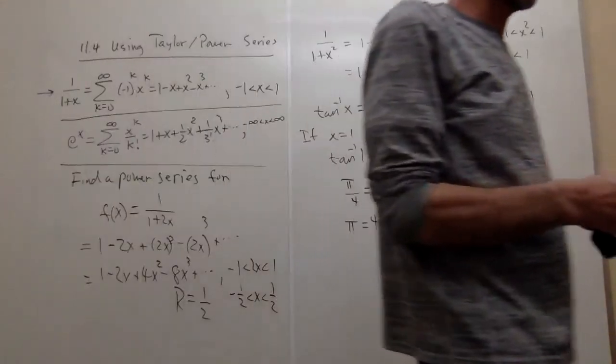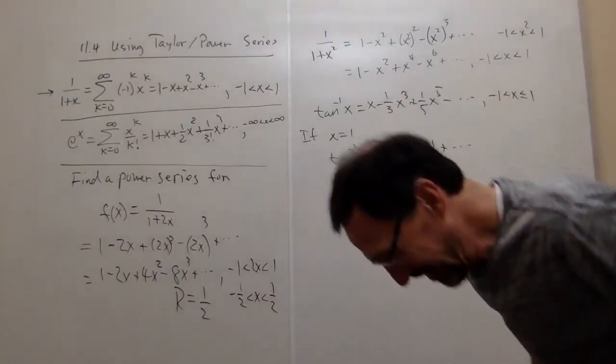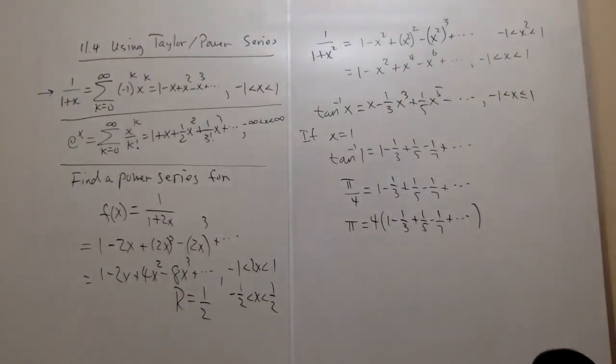Because you're in Calc 2, you probably know pi is an irrational number, and for some reason, I'm not quite sure what, there are people, maybe you are one of them, that really love to memorize pi to however many digits they can, 50 or 100 or 200.